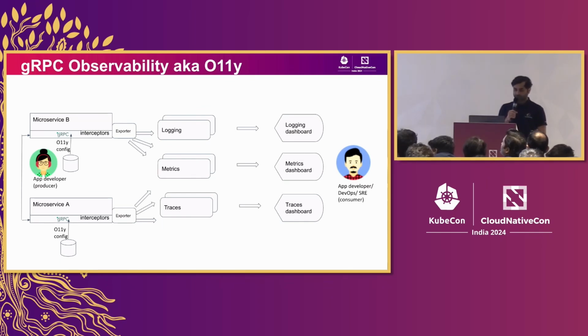Here you see a logging backend, a metrics backend, and a traces backend. The backends produce the required dashboards, which are used by the consumer, in this case the DevOps engineer, to get visibility into the internal state of the application, focusing on gRPC traffic.